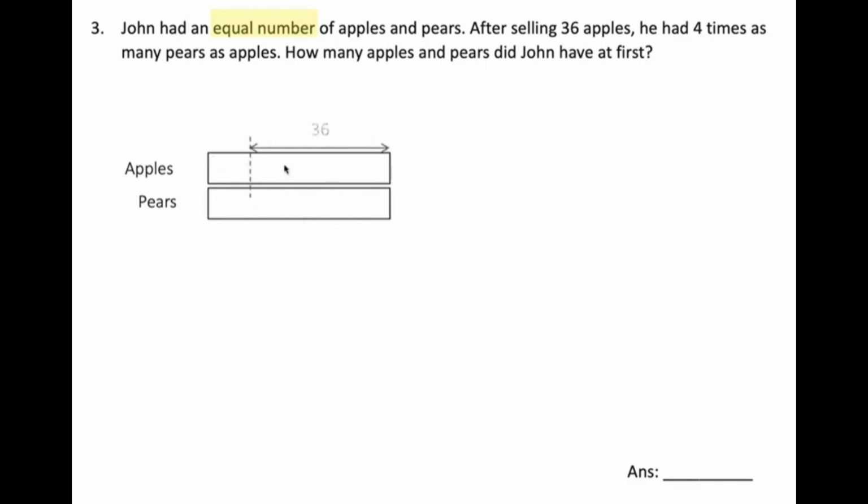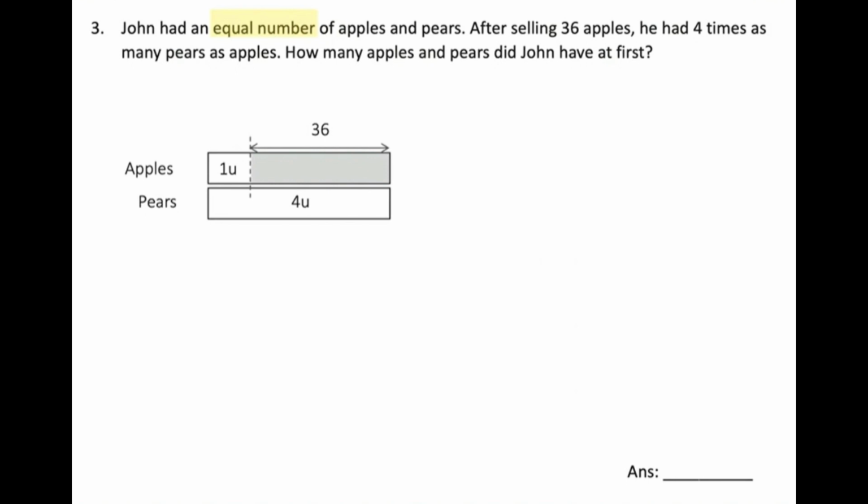Okay. So this is 36. Shade it away. Make it a point to shade it away. So this is 1 unit and then the pears is 4 units. Always ask yourself who is the 1 unit. This is the easier approach. Now, when you look at this, again, compare the units. Just like questions 1 and 2, compare the units.